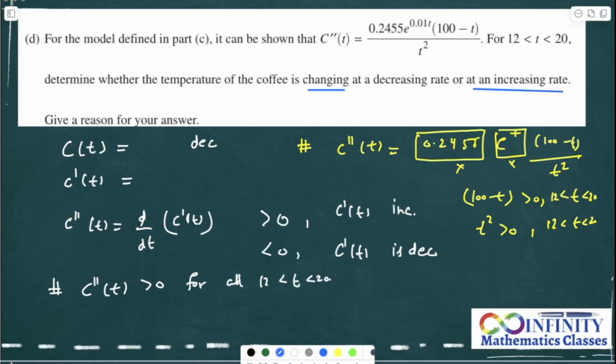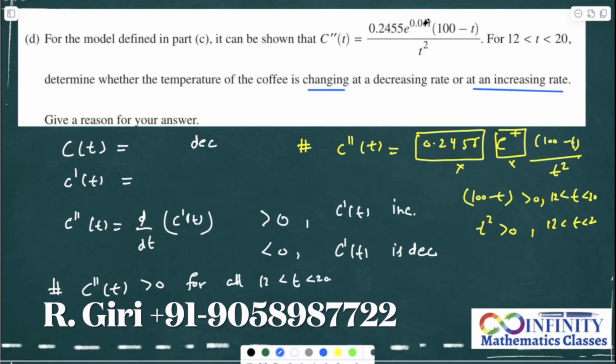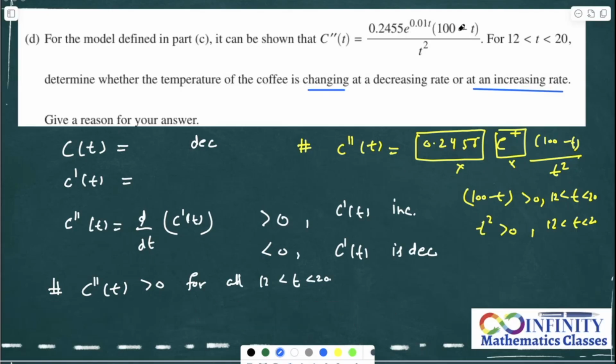We only try to find the sign of the double derivative. So you check the constant is positive without any issue. E to the power of anything is positive. Only (100 minus t) over t square needs to be checked. During the interval, 100 minus t is always positive and t square is always positive. So overall, the sign of the double derivative is positive. Whenever the sign of the double derivative is positive, C prime of t is increasing. So that is the answer: the rate of change of C prime is at an increasing rate. That is all.